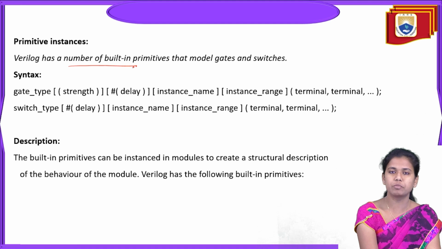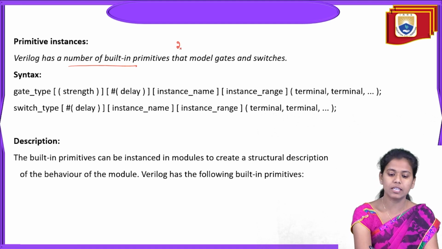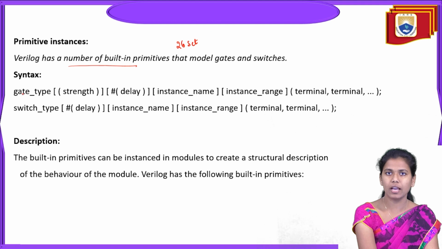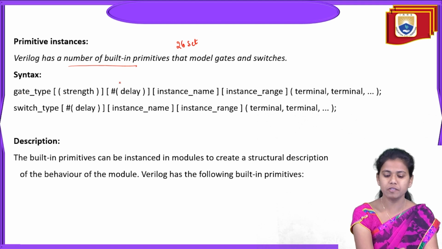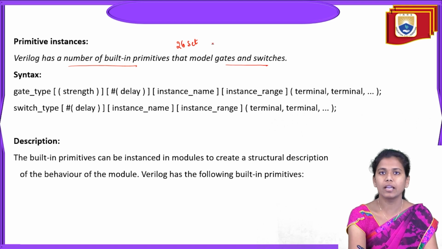In general, Verilog has 26 sets of logic primitives that model gates and switches. So these primitives are with respect to the gates and switches, and the Verilog library has 26 sets of gate primitives as well as switch primitives.